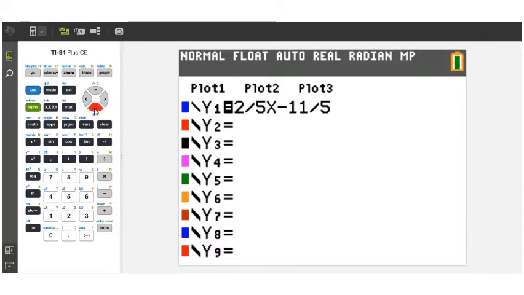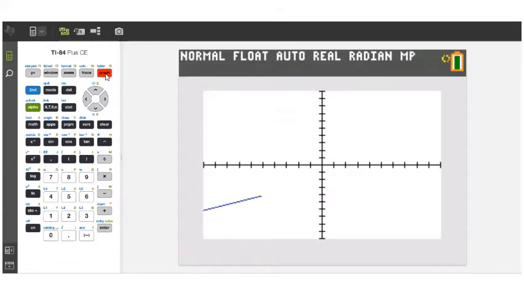And then for Y2, we solved that to where we've got 3/4 x minus 13 over 4. Okay, so let's take a look at our graph and see what it looks like.